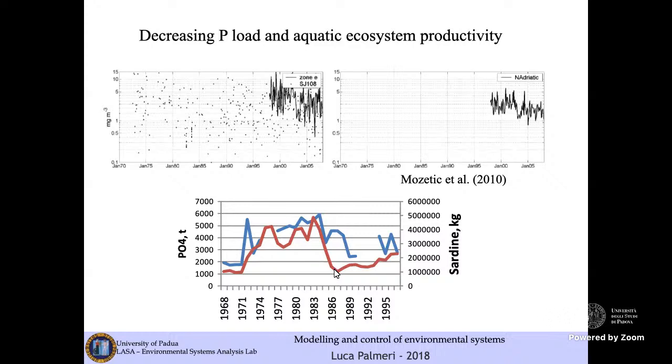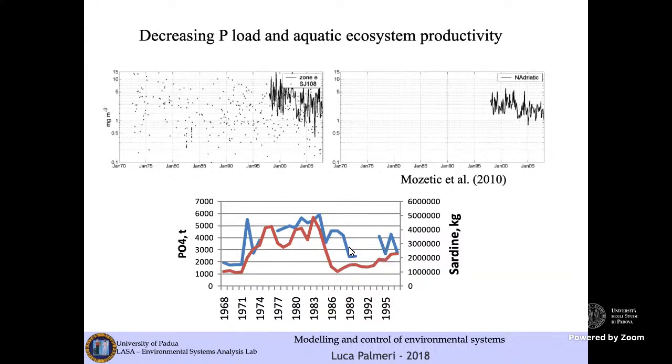As a consequence, it is not very evident here because we have an important lack of data concerning fishing of sardines. It is an indicator of the primary production because sardines directly feed on phytoplankton.